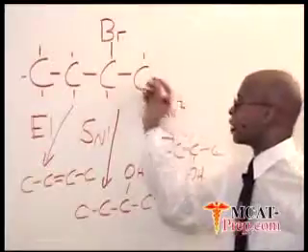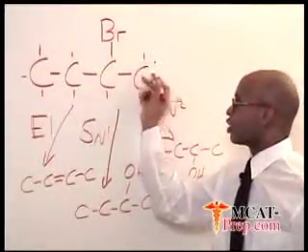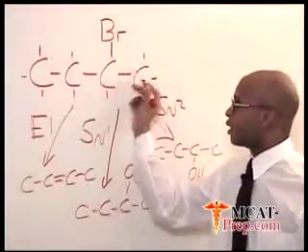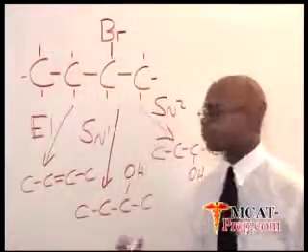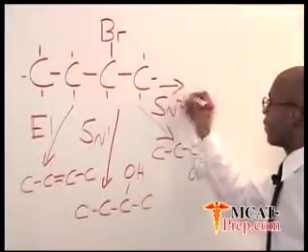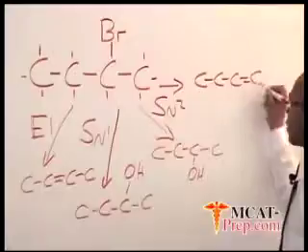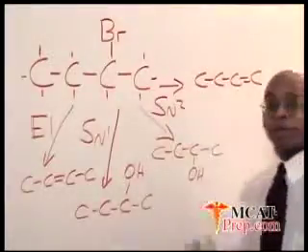So you'd pull off your hydrogen and end up with a negative charge here. This is delta positive, so the negative charge would come in here, form a double bond, and knock out the bromine. So here we would have as a product carbon, carbon, carbon, double bond to carbon. And that would be our final product.